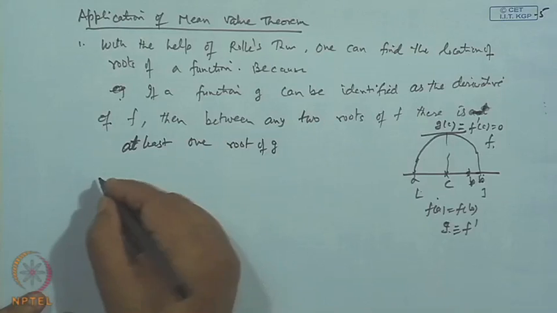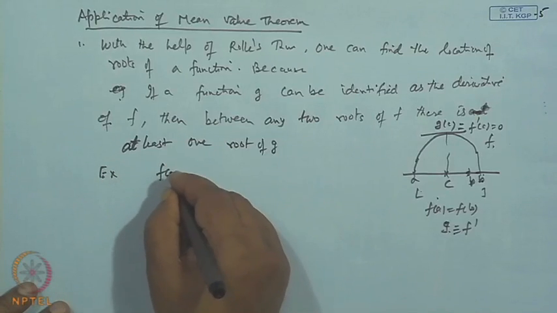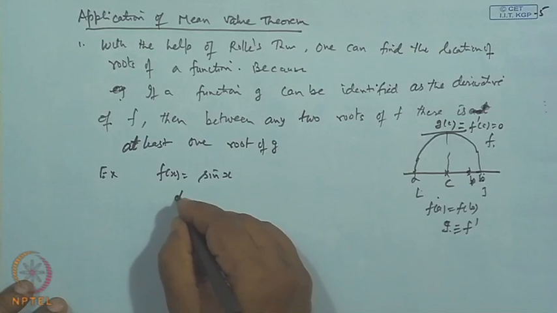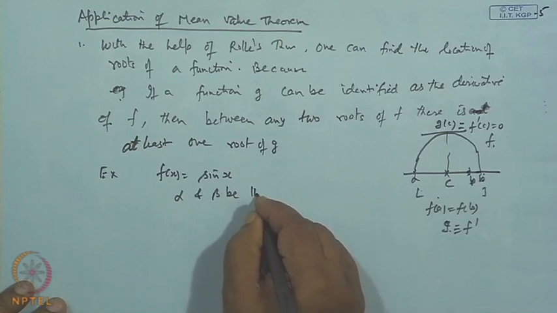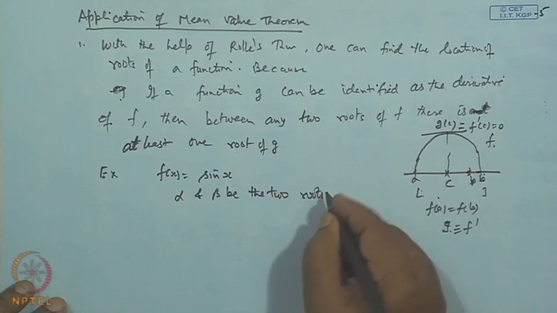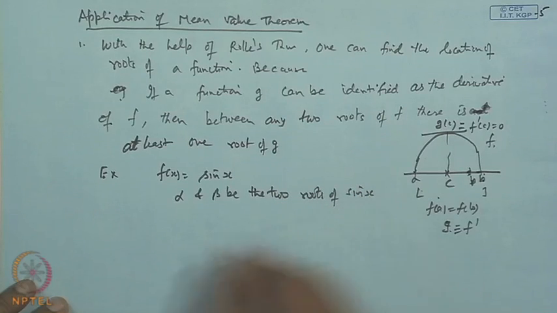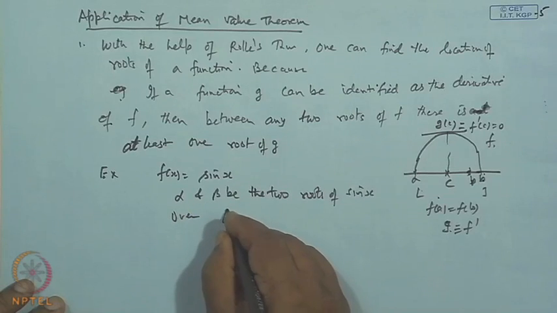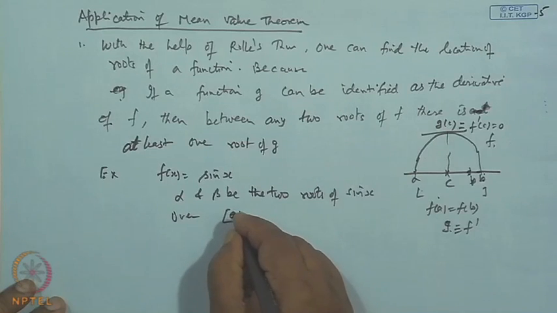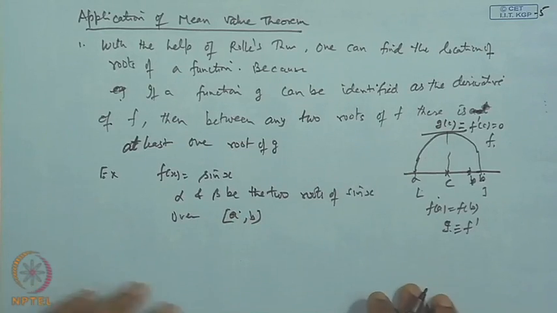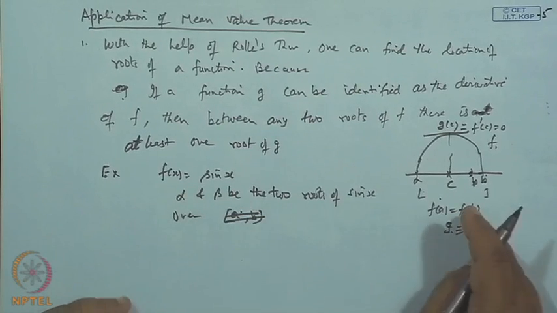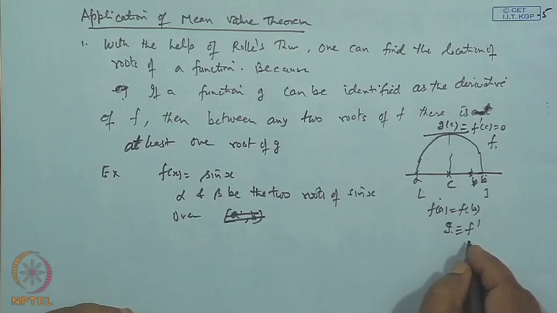So, that is what. For example, if we look at the function f x which is sin x, let alpha and beta be two roots of this function sin x. Let us take the exact roots, because sin 0 is 0 and sin pi is 0.